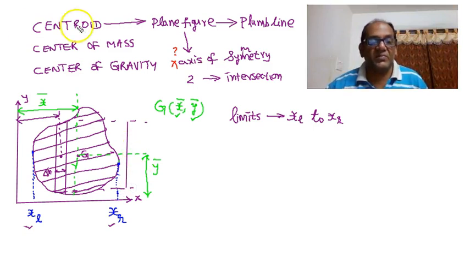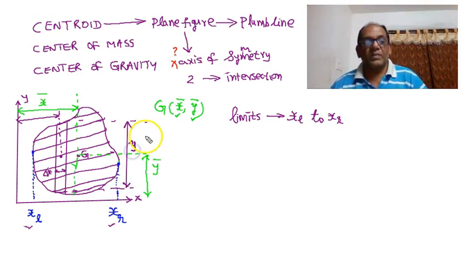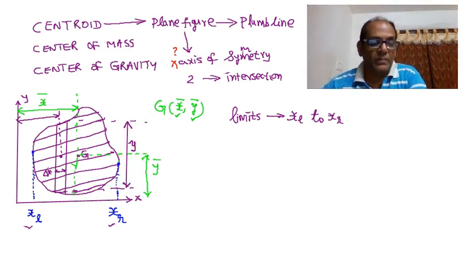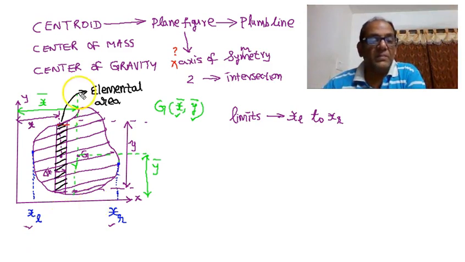Okay, it takes a little bit of time. Its height is given by y. This area, center of which is located at a distance of x, which has a height of y and a thickness of delta x, is called an elemental area.